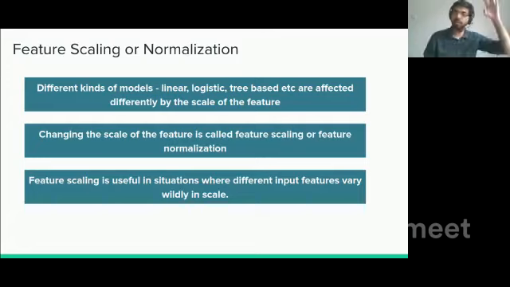They don't care about the variations in your minimum and maximum values or the kind of distribution. That is of course useful for them to find the points at which they form the trees, but it is not an impediment because they are not affected by changes in scales of different feature values.